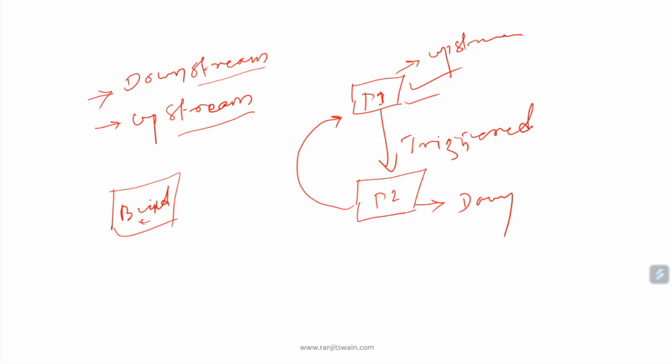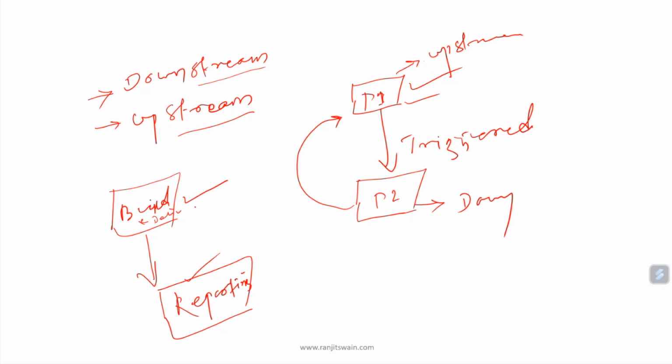Suppose after that, management requests you to create another job for reporting. So what do you have to do now? You have to first make sure the build job is completed, then the reporting job will be triggered.